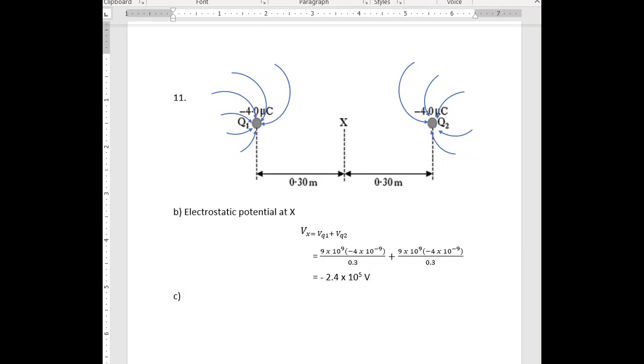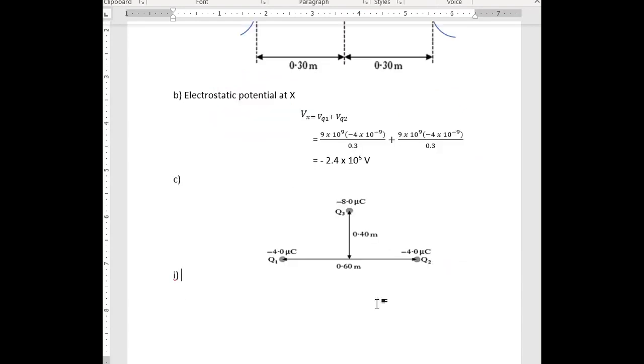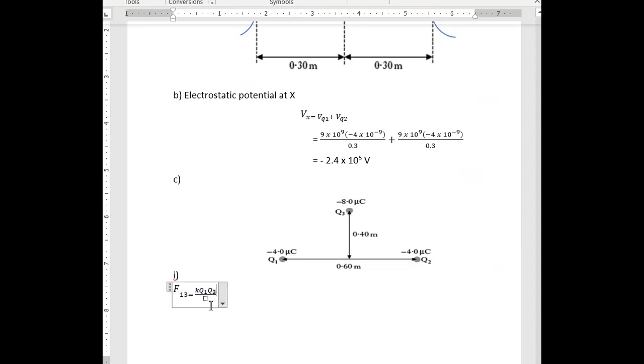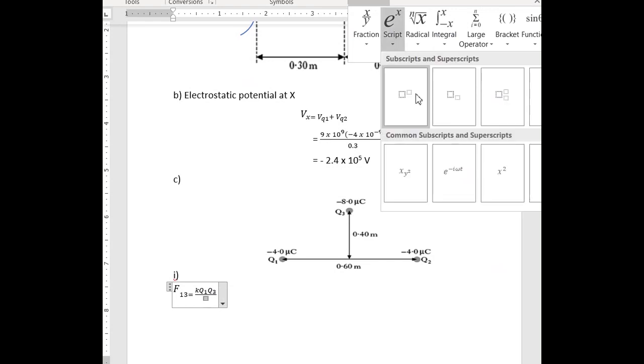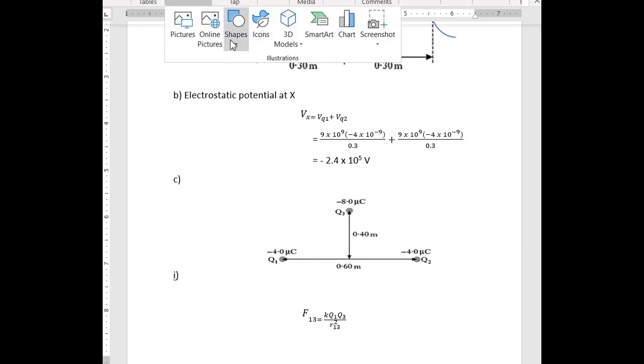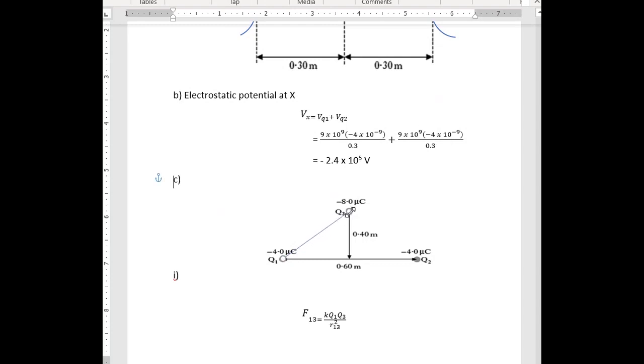A third point charge Q3 is placed near the two charges. I find the force between Q1 and Q3. F13 equals to K Q1 Q3 over distance between 1 and 3 squared. So first we need to find the distance between Q1 and Q3, which is this.